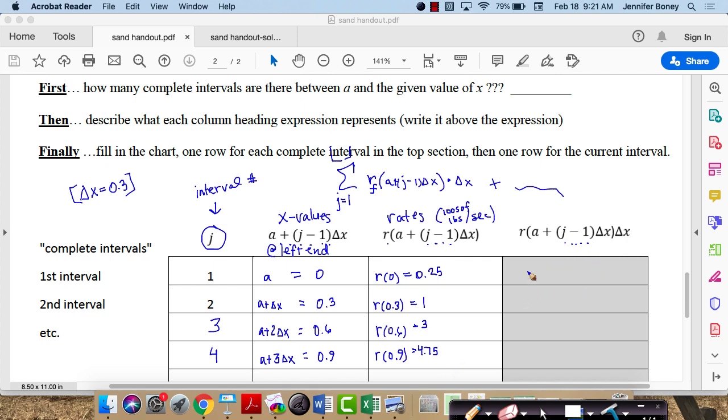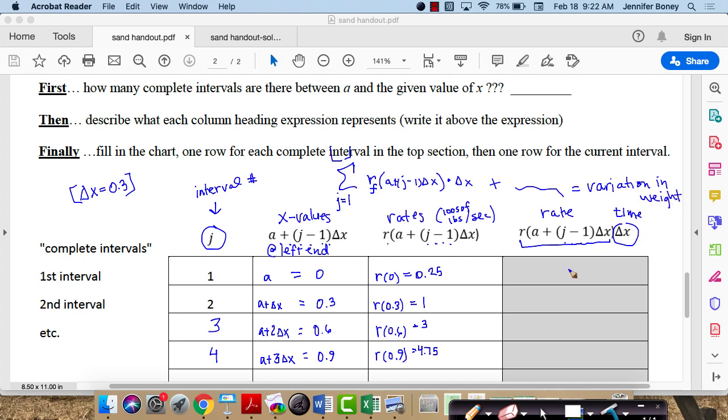And then this expression here is, again, order of operations, one more thing tacked on: this extra times delta x. So I've got a rate times the width of this interval, an amount of time. Now, rate times time sounds like distance, but it's not a traveling rate, it's an adding weight rate. But this is our sort of dx expression. So this indicates a change in the weight of the sand on the scale.